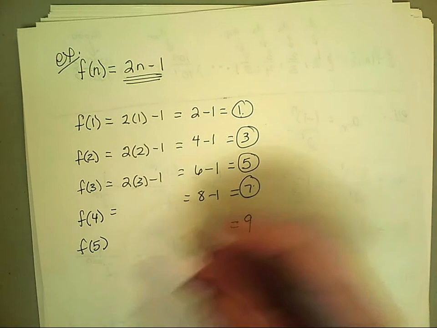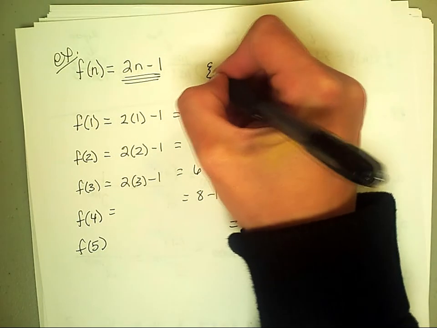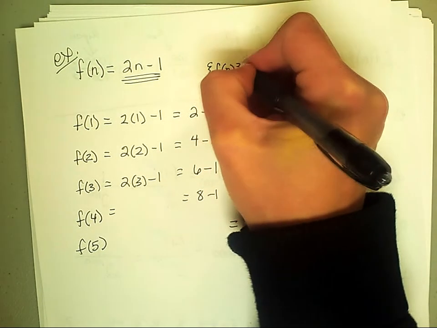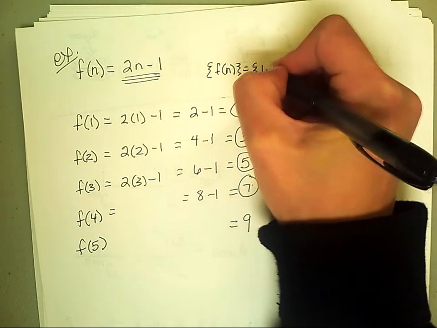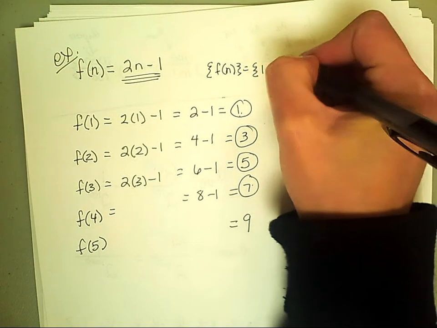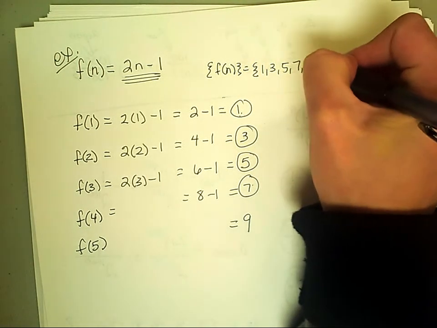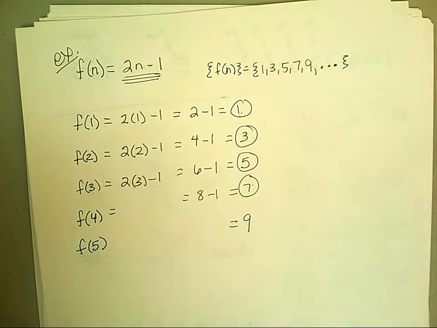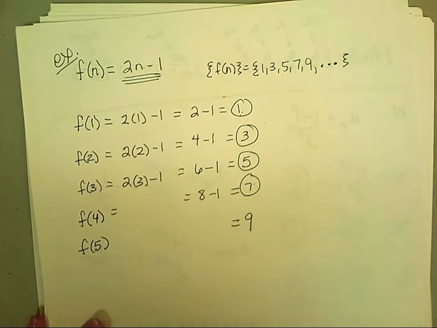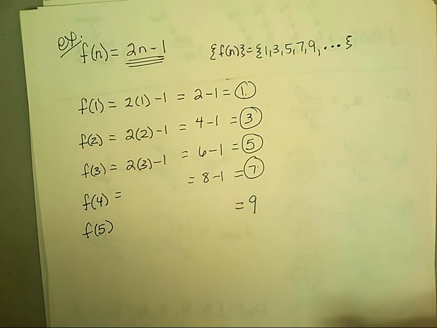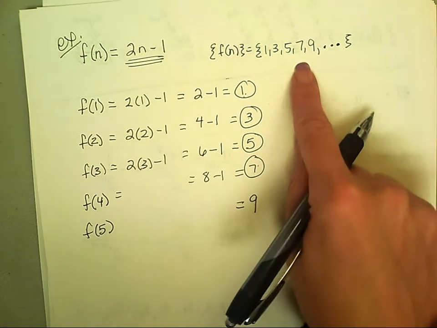Okay, we could rewrite the sequence here. We could write it as f of n, and then we could list it. 1, 3, 5, 7, 9, etc., etc., etc. Okay, so a couple different ways for us to write this. Okay, so this is the sequence.